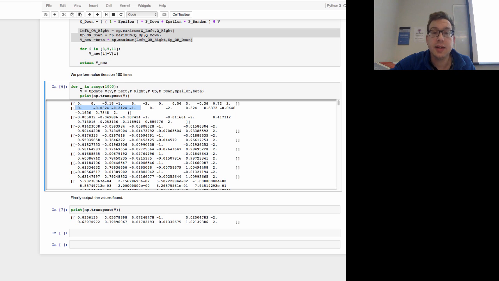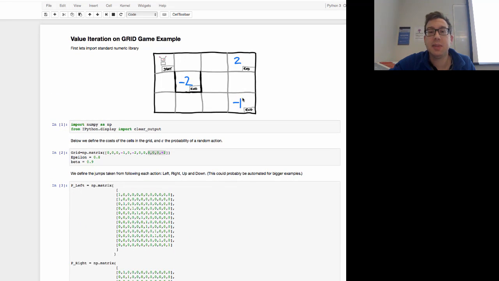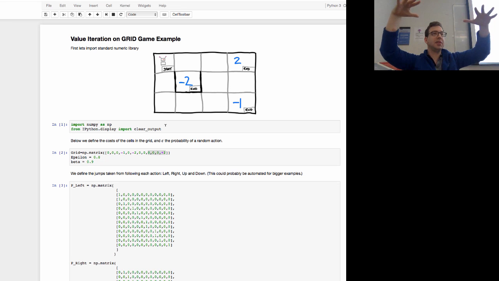Then this has been made even a little bit worse, 0.2124, for the square next to the minus 1. Notice how the negative number is propagating out around, and this positive number is propagating out around, and this negative 2 will be propagating around as well. It'll start to fill up the squares until these numbers converge.